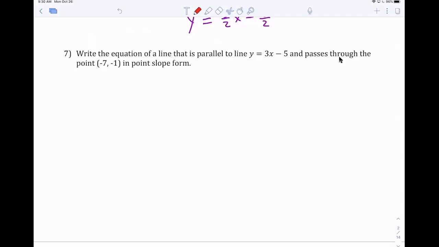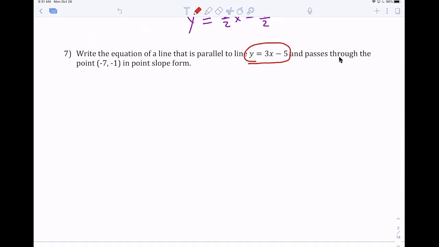It had to do with their slopes. Slopes of parallel lines are what? In math, are the same. And what does the same mean in math? They are equal. So what is the slope of this line right here?